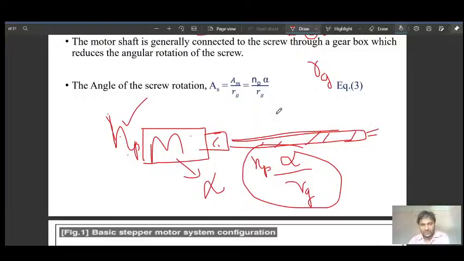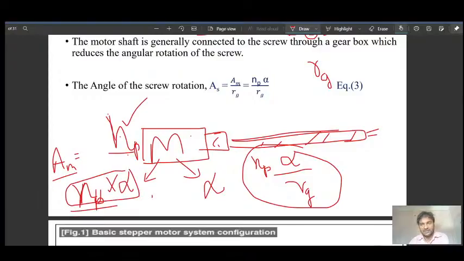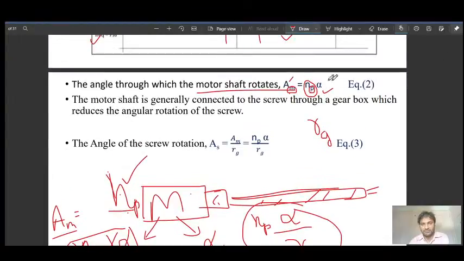correct? So again, in np pulses, how much has the motor rotated? It is np into alpha, and we can call it Am, the total angle rotated by the motor, that is np into alpha. So that relation we have used here.